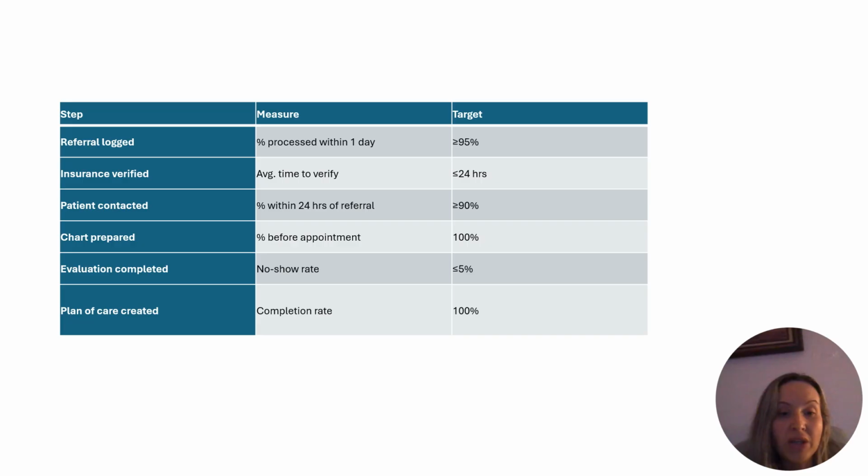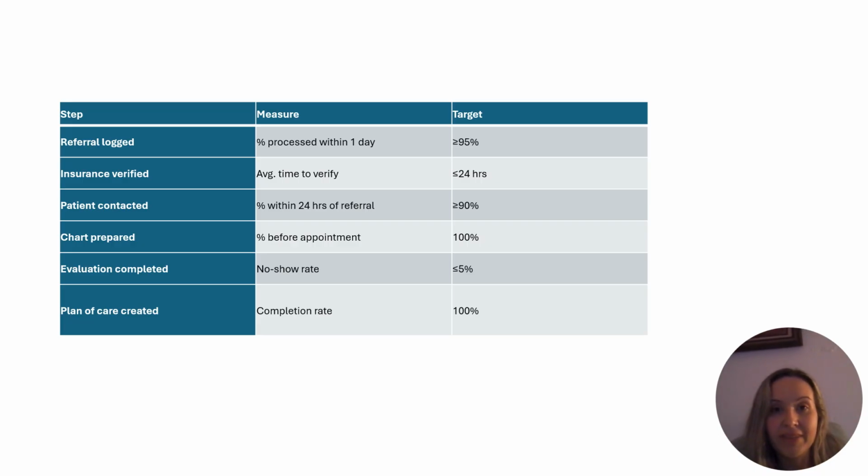And then the evaluation completed, we try to do our best to keep our schedule full and to make sure that our no-show rate is at 5% or less. And then lastly, our plan of care created, we want that to be 100% and that the physical therapist signs off on the plan of care, updates it, and closes their chart note.